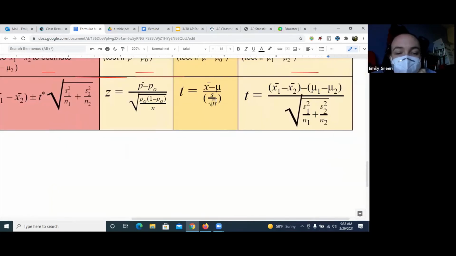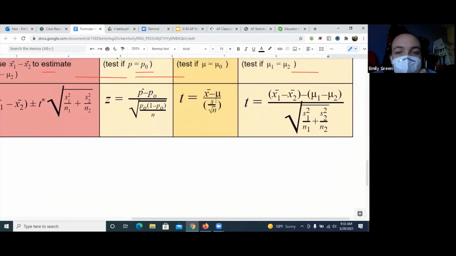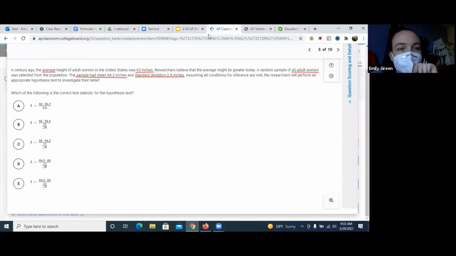This is what this formula looks like. So I'm going to go back to the other page and look for the sample mean, population mean, standard deviation, and n, the sample size. Okay, so here my x bar equals the sample mean, which is 64.2.